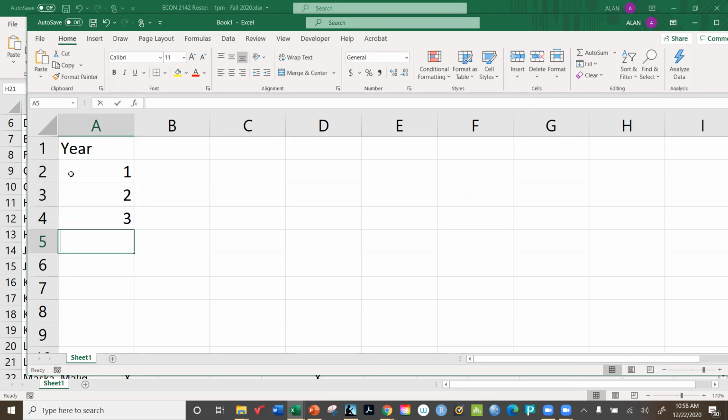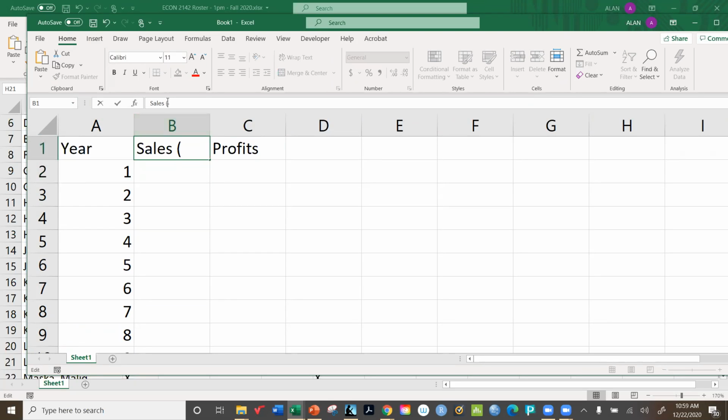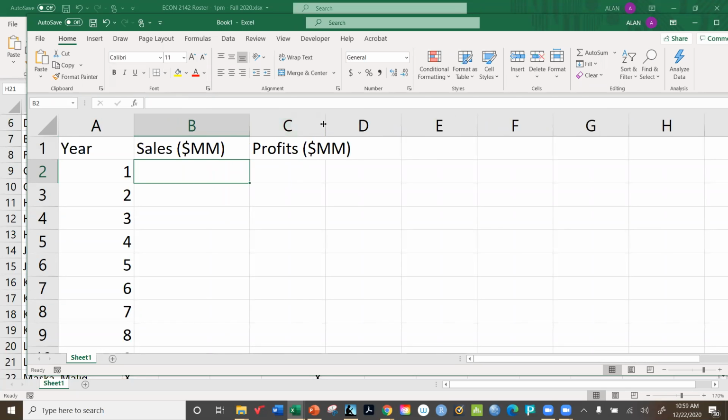Let's say we have 10 years worth of data. Okay, so here's sales in millions. Means millions. All right, so I'm just going to, of course, make up these numbers right now.